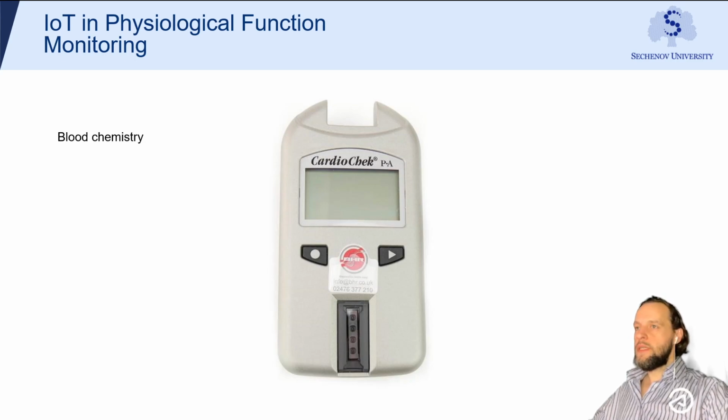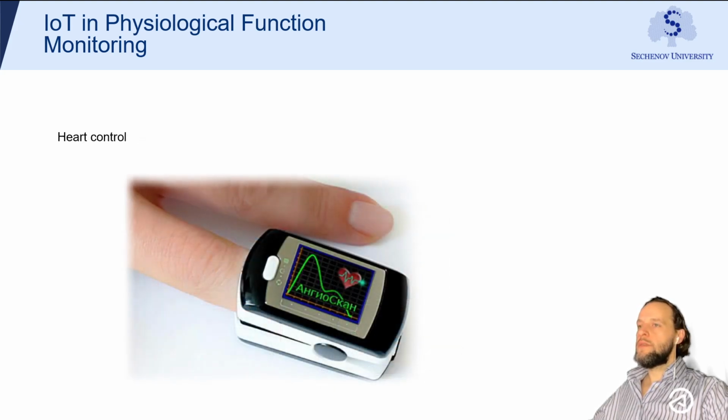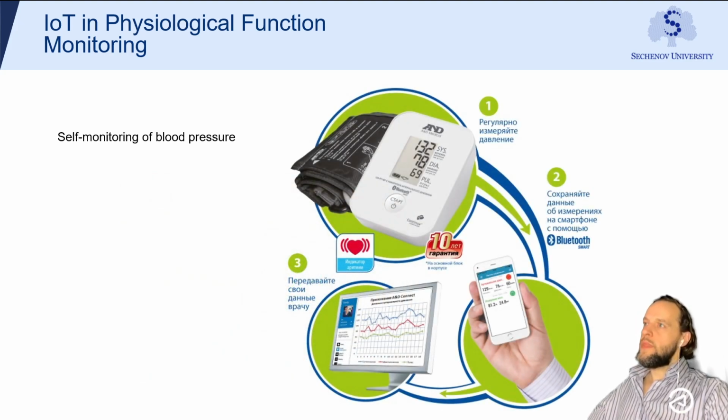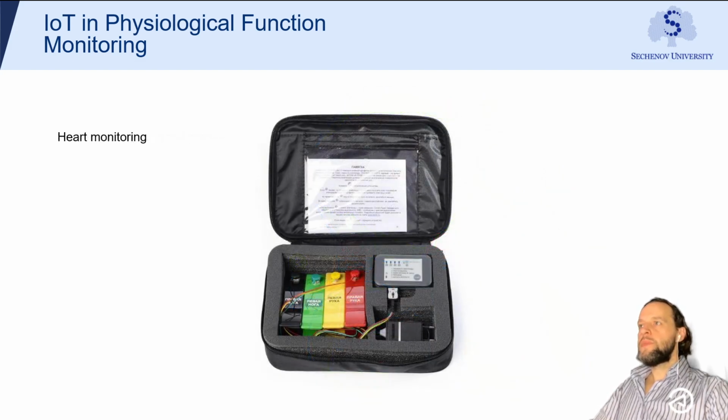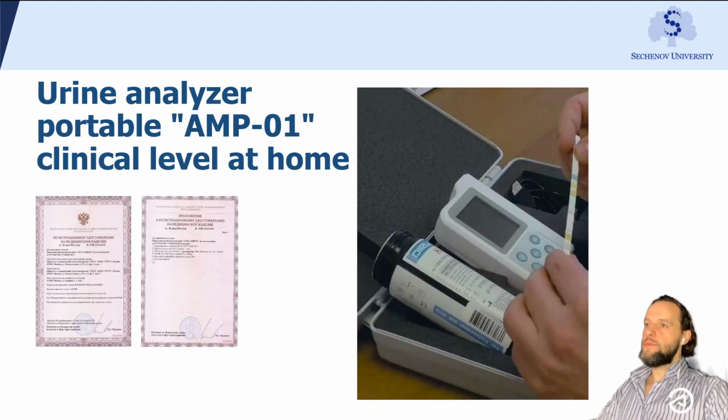Blood chemistry analyzer, urine analyzer, heartbeat control monitor connected with a network. Smart monitoring devices for blood pressure, heart monitoring, also in mobile package and connectivity with external devices. Ultrasound devices for self-examination, for example, in conditions when it's impossible to receive this service from a doctor.